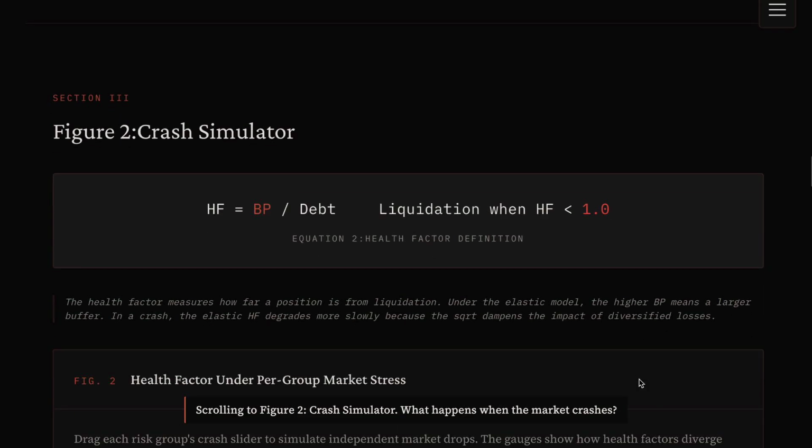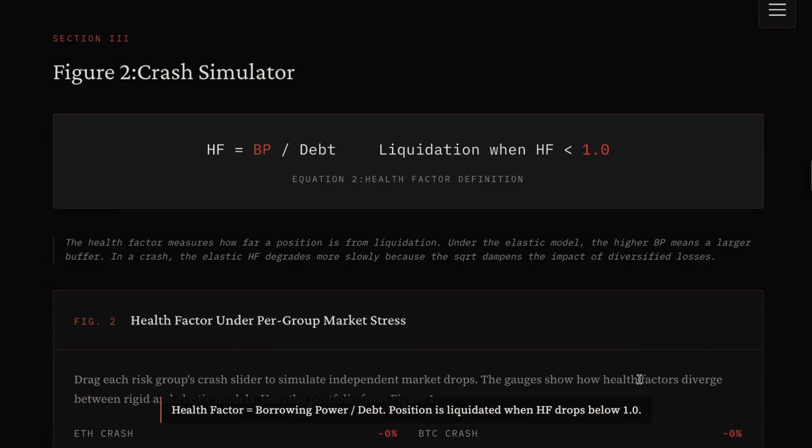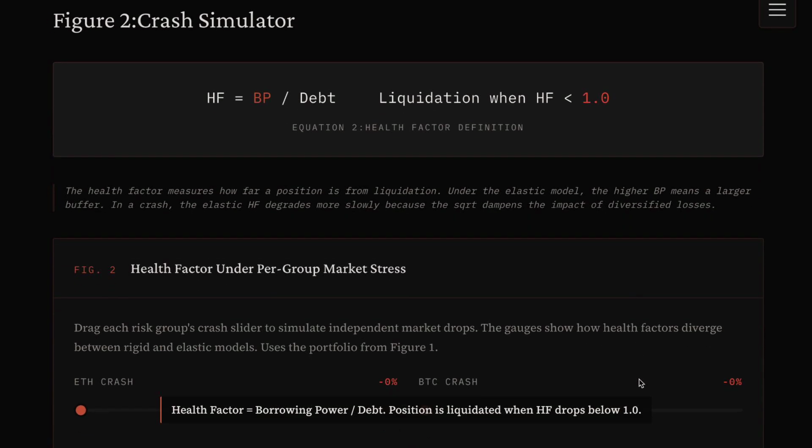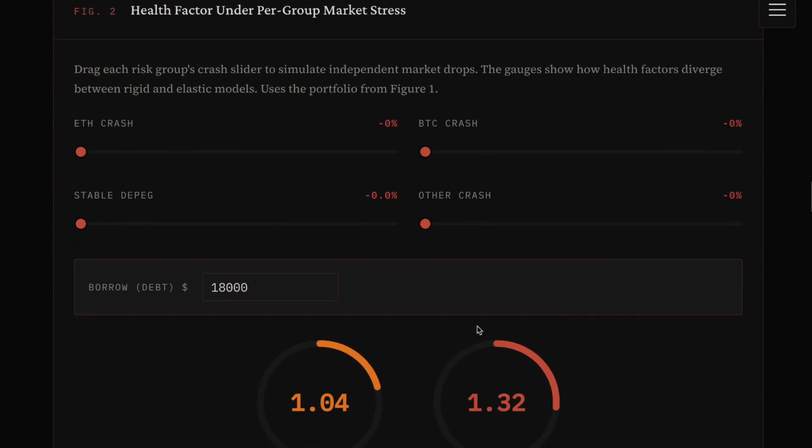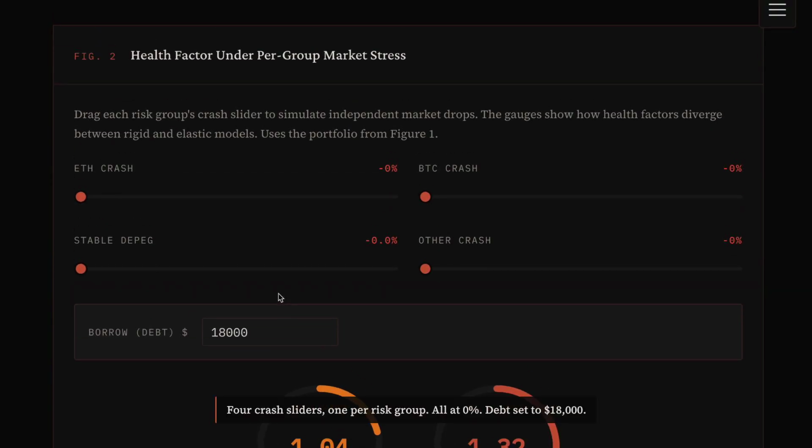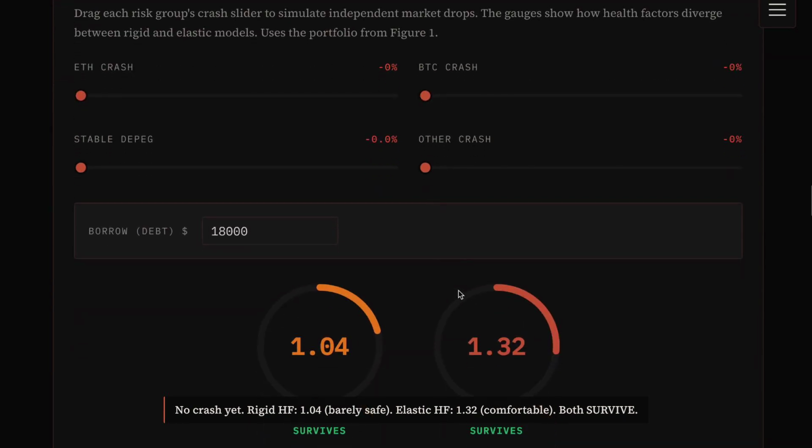Okay, this is our crash simulator. We'll be simulating what will happen if each of these risk groups crash. Let's say from the first figure above, our total debt is $18,000. At zero crash on any of these tokens, we can see that the rigid model survives, but at 1.04, while the elastic borrowing power also survives, at 1.22.